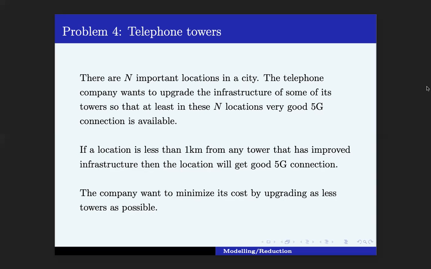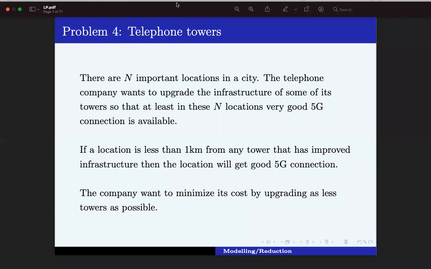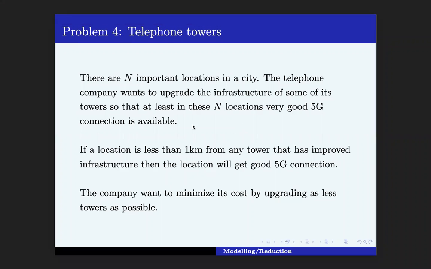Is this problem clear? Sir, there is no mention of the locations. Of course, there are some towers in certain locations. Those are the places where you will upgrade the towers. So certain towers are already there.